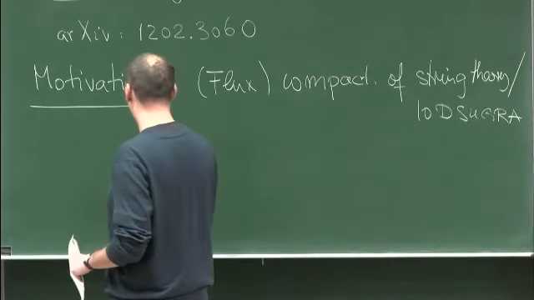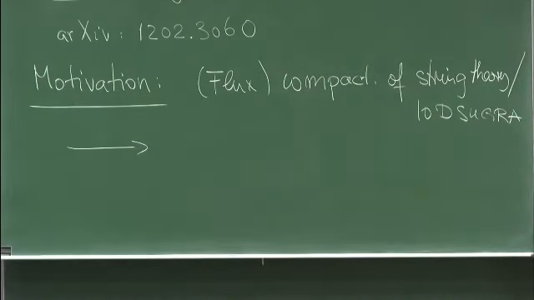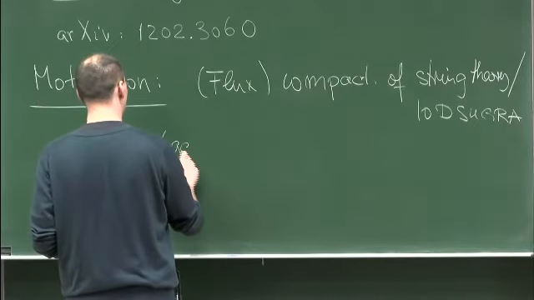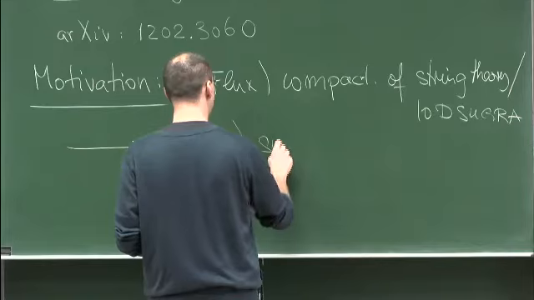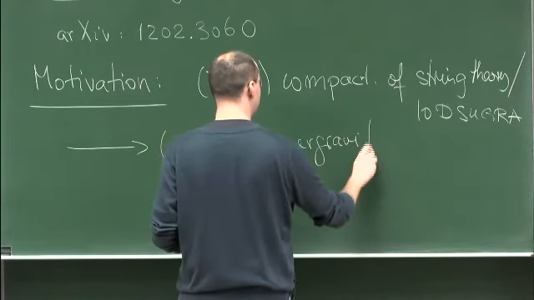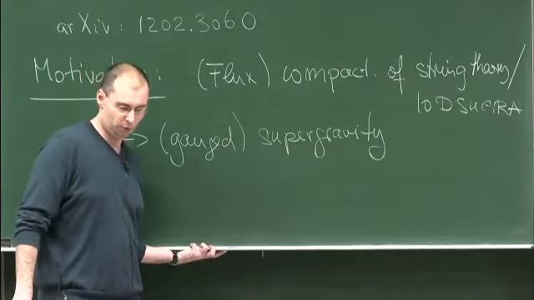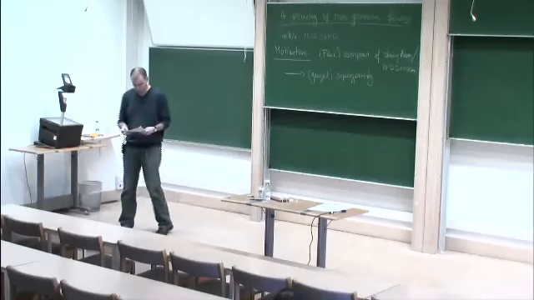And as usual, that gives rise to supergravities in lower dimensions, let's say in 4 dimensions. And if you do flux compactifications, it gives rise to so-called gauged supergravities. Gauged supergravity means that there's a certain local symmetry. And these are interesting for phenomenological reasons. You have non-trivial potentials, and you can look for de Sitter vacua and things like that.